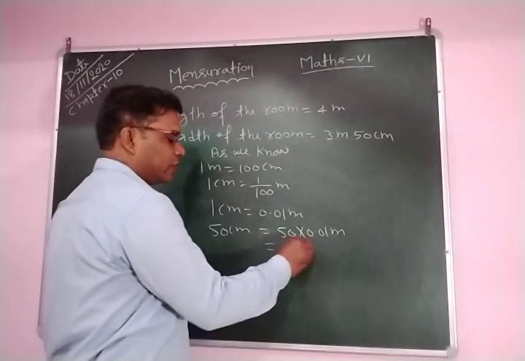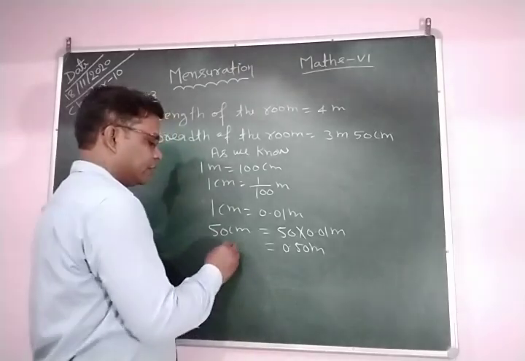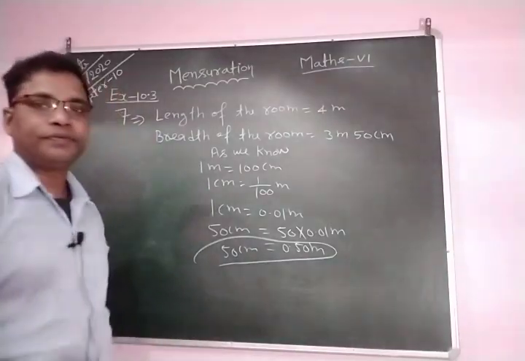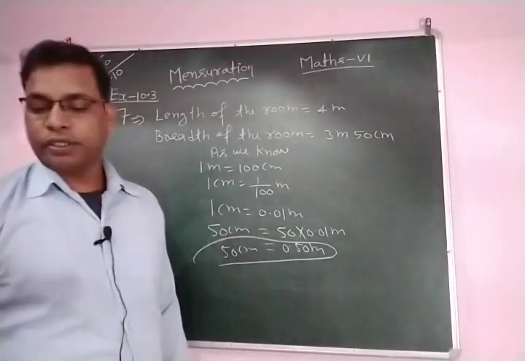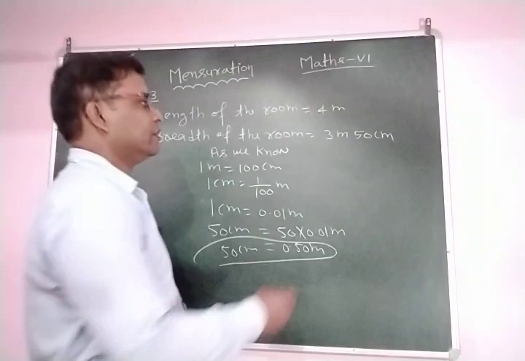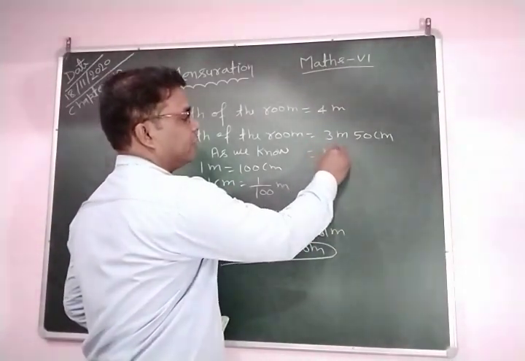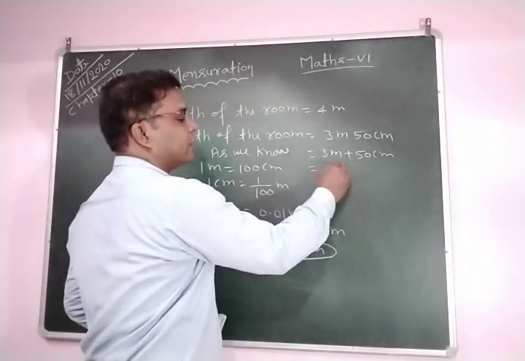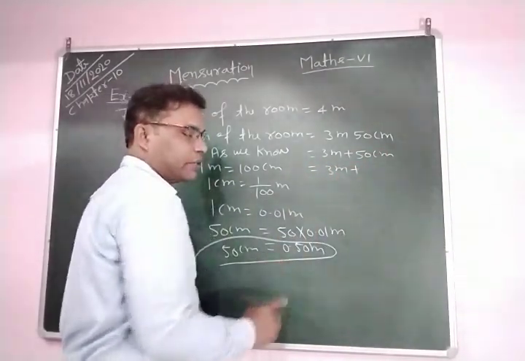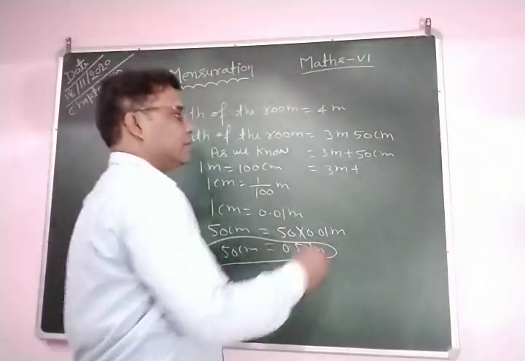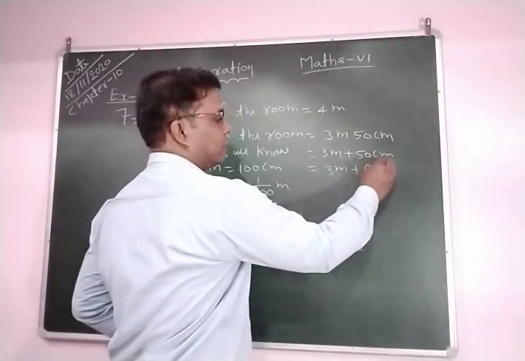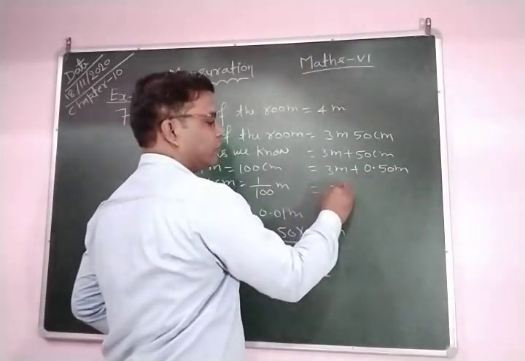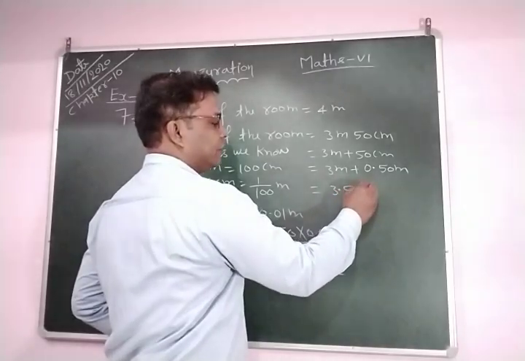Okay, 0.50 meters. So here you can see 50 centimeter is equal to 0.50 meters. Now you can also write here 3 meter plus 50 centimeter. Here we convert 50 centimeter in meter, then we obtain 0.50 meters. This is equal to 3.50 meters.